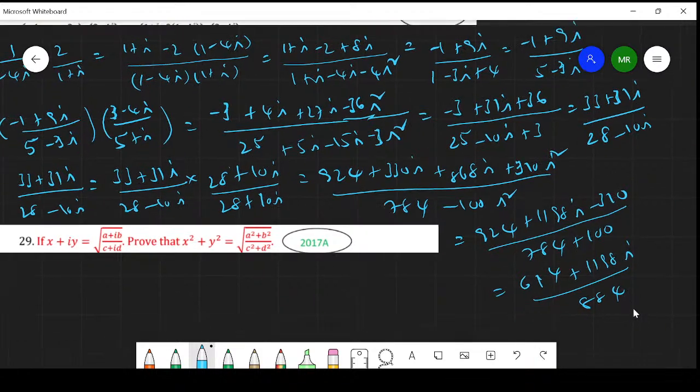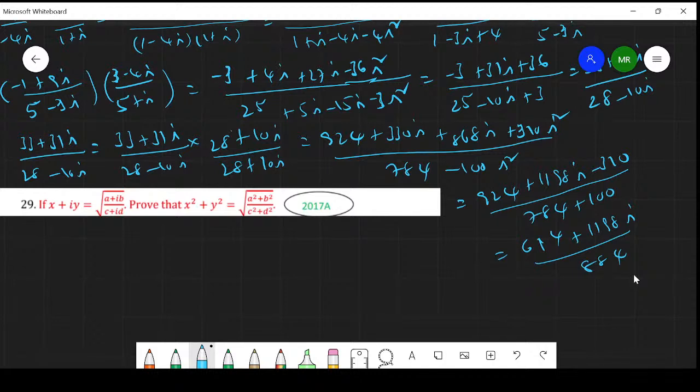I can take 2 common. Finally you'll get 614 by 884 plus 1198 by 884 into i. Here if you want you can simplify by 2, it goes 307 by 442, or I can finish like this, I can complete like this.